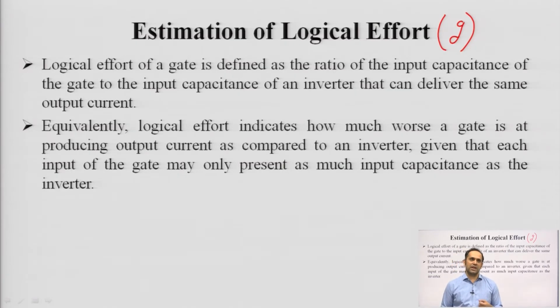So, logical effort indicates how much worse a gate is at producing output current compared to an inverter, given that each input of the gate may only present as much input capacitance as the inverter. It is a performance parameter for any digital logic VLSI circuit.